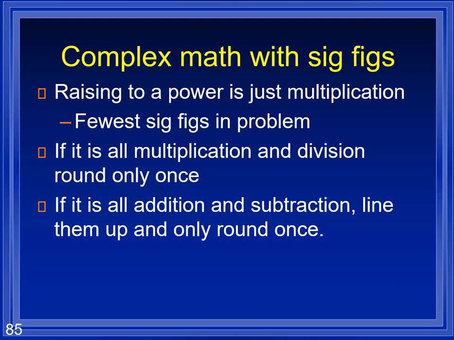If it's all addition and subtraction, line them up, do the adding and subtracting, and only round at the very end based on what your numbers were when you started. Okay? So if there's multiple steps, as long as they're following the same rules, all addition and subtraction, or all multiplication and division, then you can just follow those rules once. We want to round as little as possible.